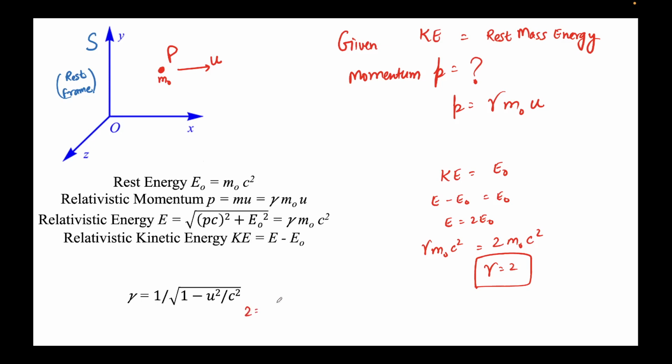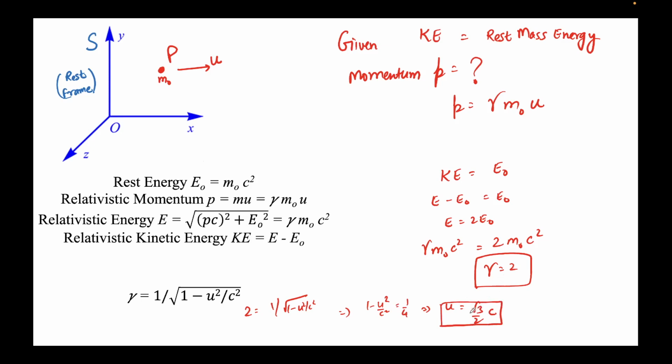So 2 equals 1 over square root of 1 minus u square over c square. This will give us 1 minus u square over c square equal to 1 by 4. This means u will be equal to root 3 by 2 into c, because 1 minus 1 by 4 is 3 by 4, and taking the square root, we get u equal to root 3 by 2 c.